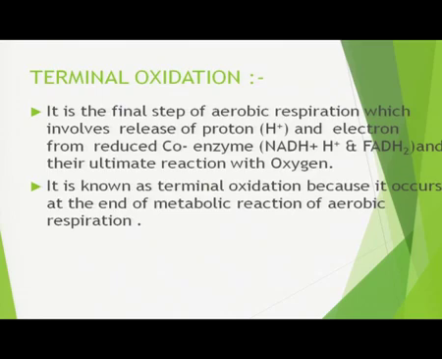We can define terminal oxidation as the final step of aerobic respiration, which involves the release of protons and electrons from the reduced coenzymes, NADH2 and FADH2, and their ultimate reaction with oxygen, and finally this oxygen reacts for metabolic oxidation.